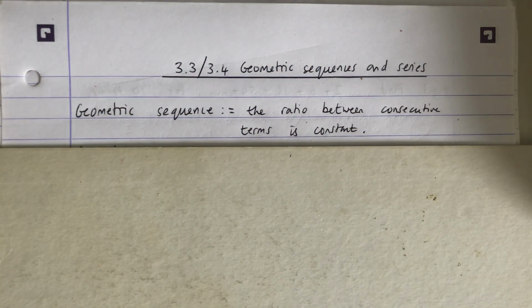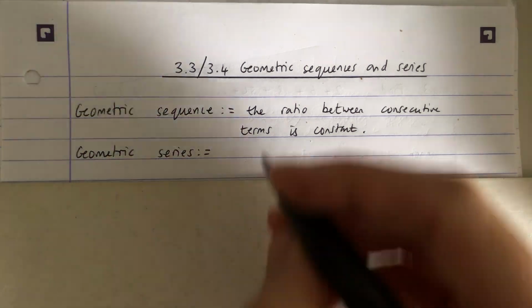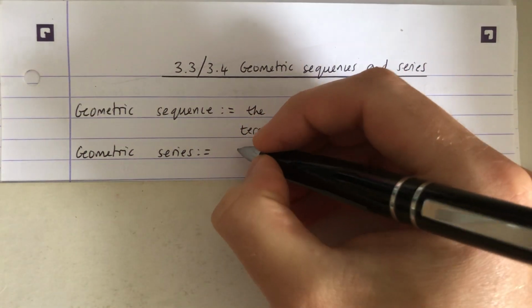So rather than adding or subtracting to get the next term, you multiply or divide to get the next term. And it's always multiplying or dividing by the same number. A geometric series, the word series just means the sum of a geometric sequence.